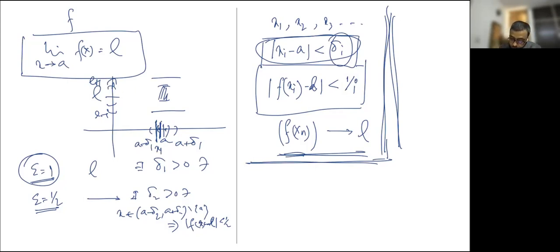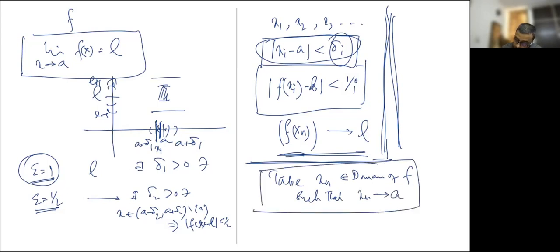Okay, so now what we'll do is take a sequence xn in the domain of f such that xn converges to a, and also xn is not equal to a.